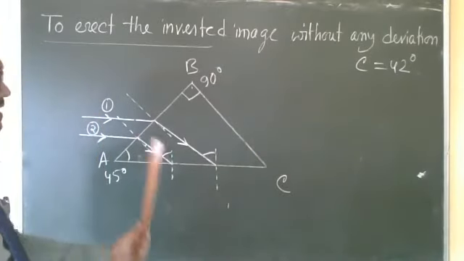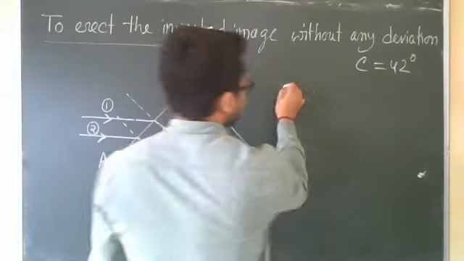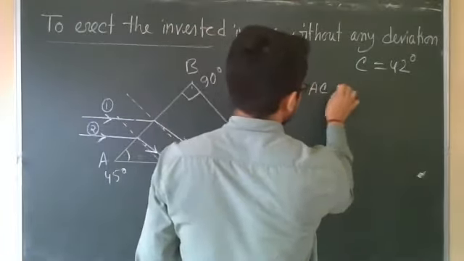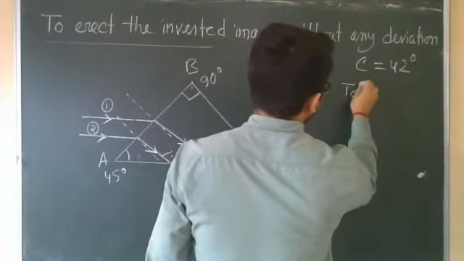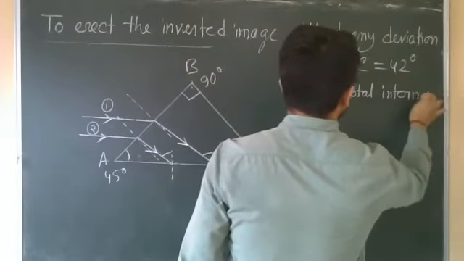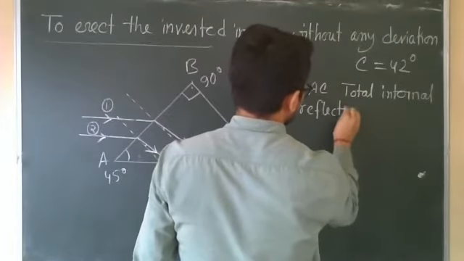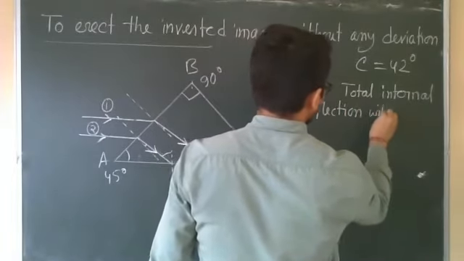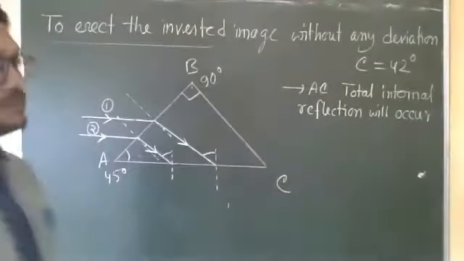If it is greater than the critical angle, what will happen here? At surface AC, total internal reflection will occur.